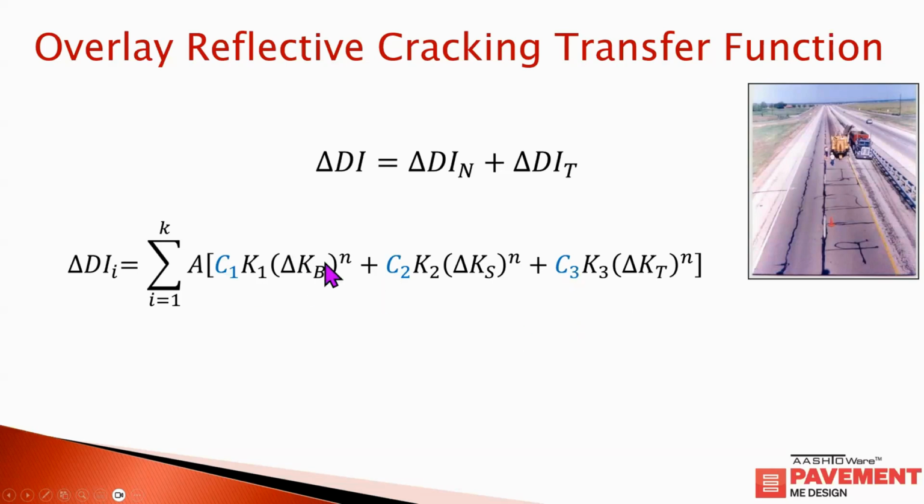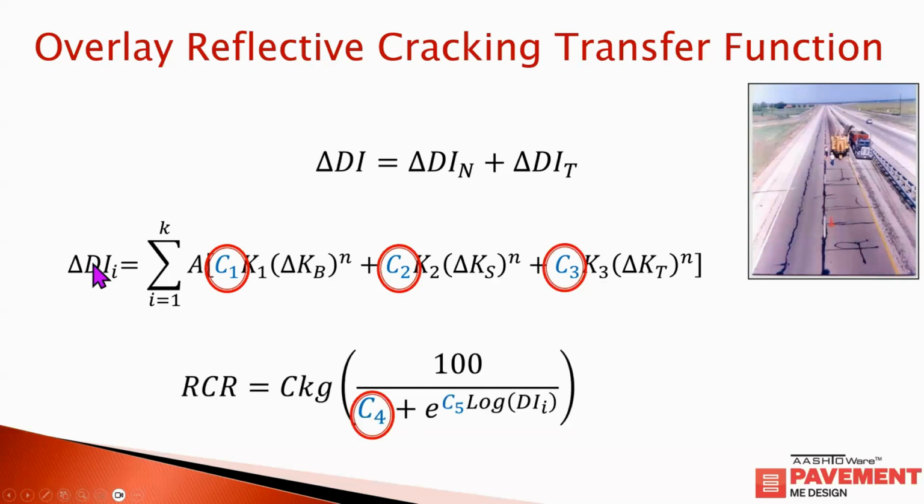KB is the bending, KS is shear related, KT is temperature related. For fatigue cracking, bending and shear are going to be the predominant contributors to reflective cracking. For transverse cracking, the thermal aspect is going to be the main contributor.